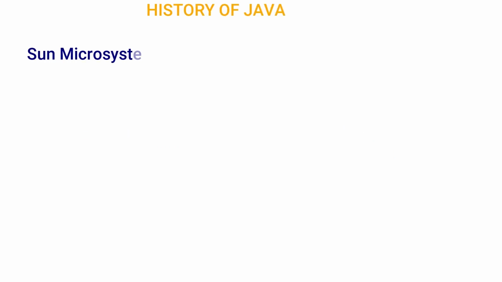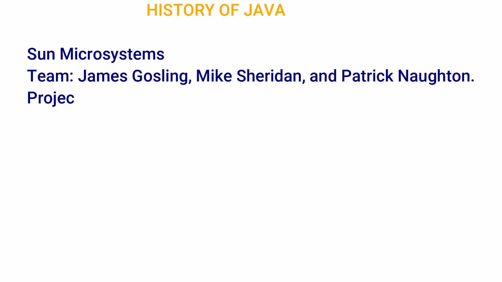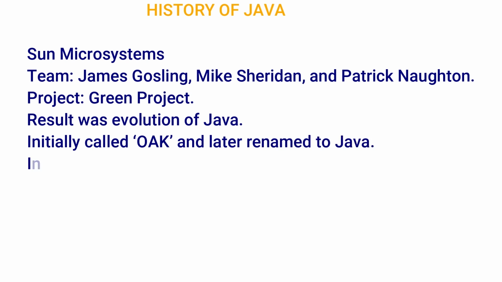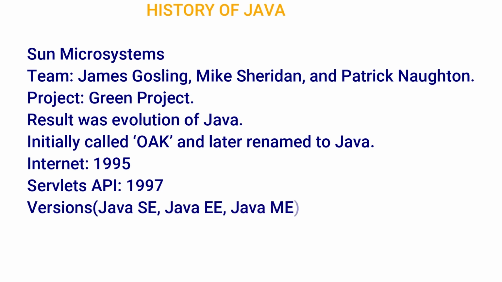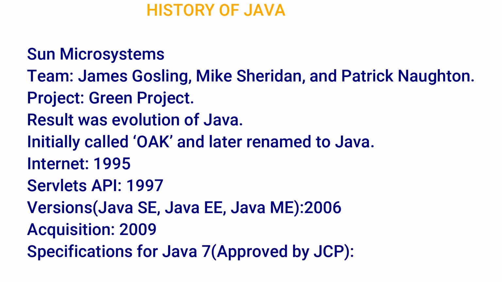Java was first developed by a Sun Microsystems team of engineers. They came together, such as James Gosling, Mike Sheridan, and Patrick Naughton, earlier in 1991 to embark on a project called the Green Project, in order to develop a language for consumer devices.